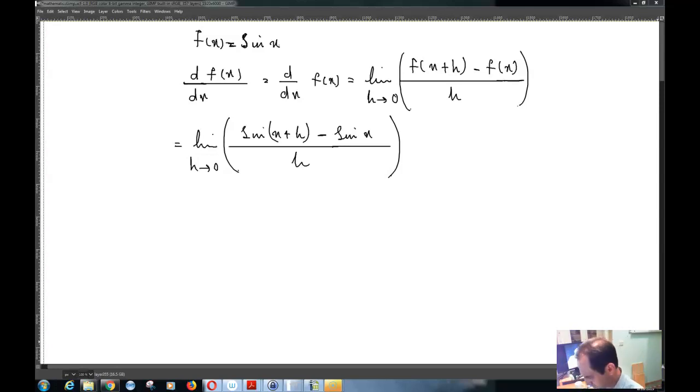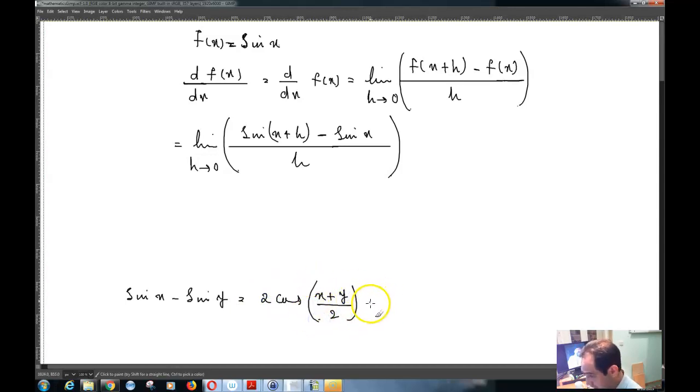Sine A minus sine B. Okay. So here what I have is sine x minus sine y, which is equal to 2 times cos of x plus y divided by 2 times sine of x minus y divided by 2.